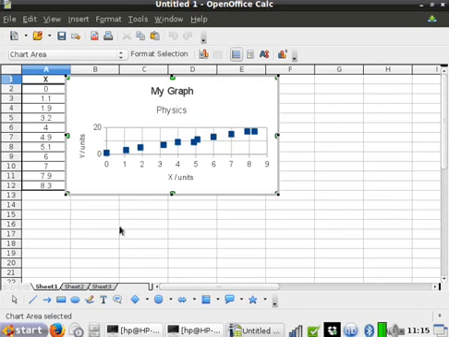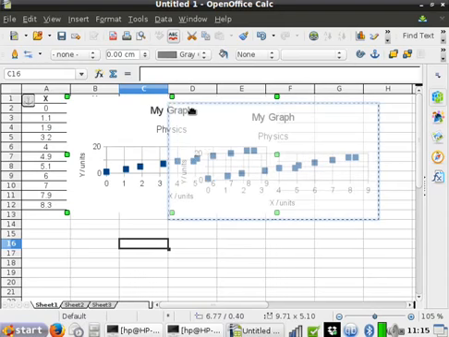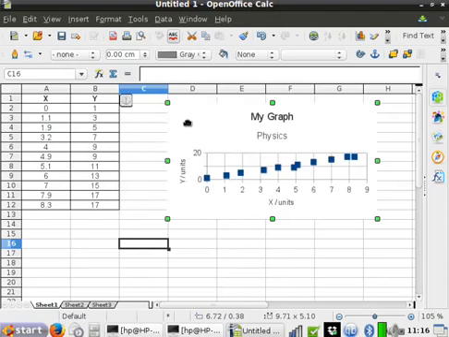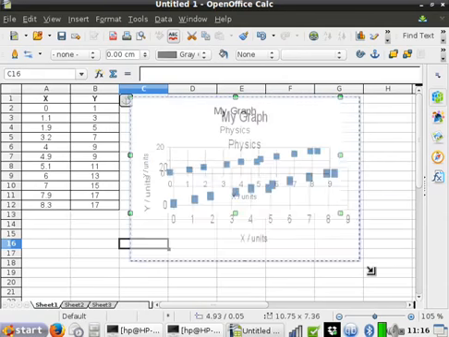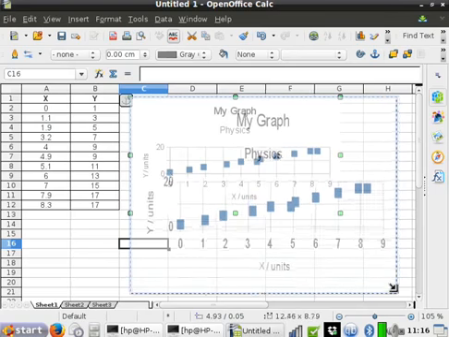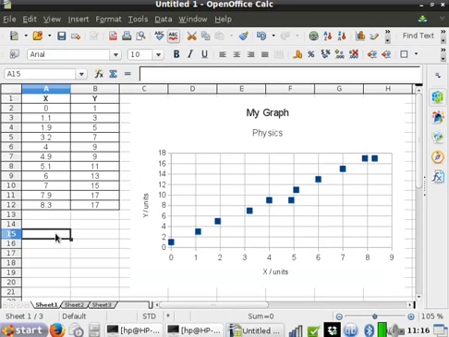I know, it looks bad, because my screen is so small. Oh, I guess that's not so bad. I'd like you to draw the graph too, yeah? This is a scatter graph.